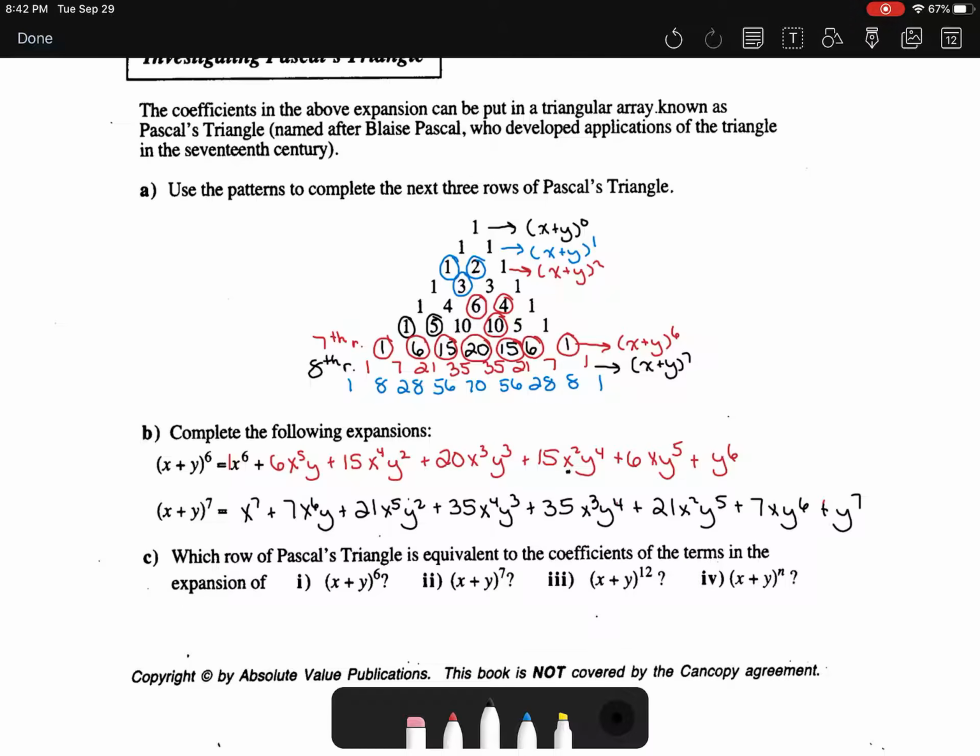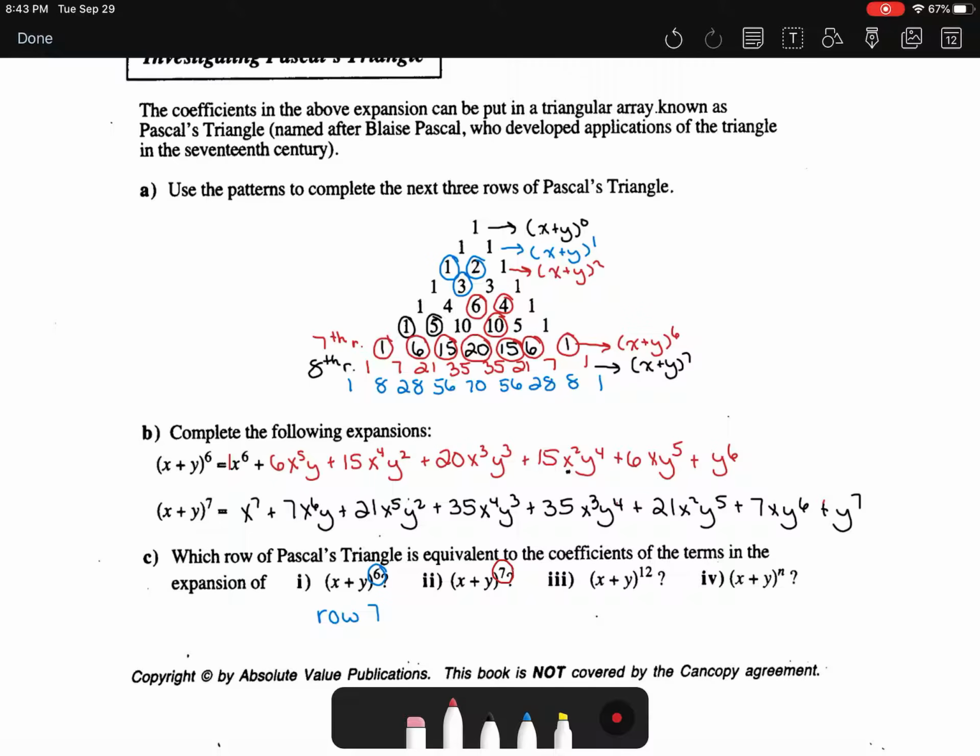So when I was writing out the row numbers there by the expansion of the binomials in that diagram up above, this is why. Okay, they want us to see this relationship. It says, which row of Pascal's triangle is equivalent to the coefficients of the terms in this expansion? So what they're really asking you is, when I have x plus y to the exponent of 6, which row is that? Well, that's actually row 7.